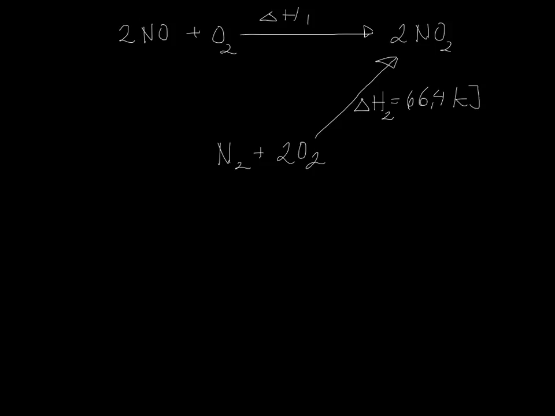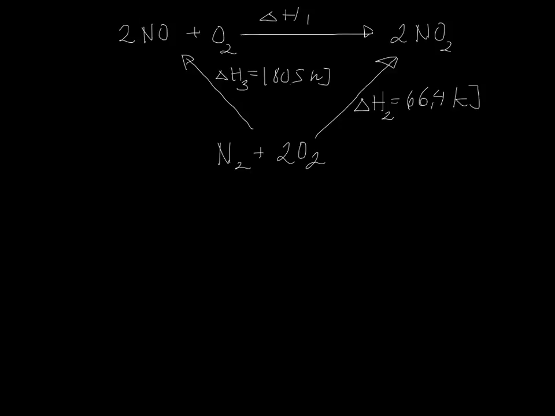Fine. And then we have the reaction where we produce nitrogen oxide, and that is this one. If we call that one delta H3, the value is 180.5 kilojoule.